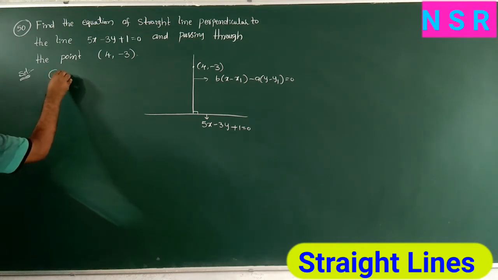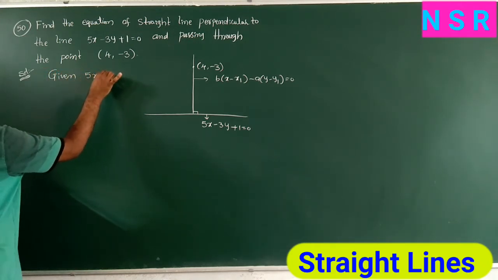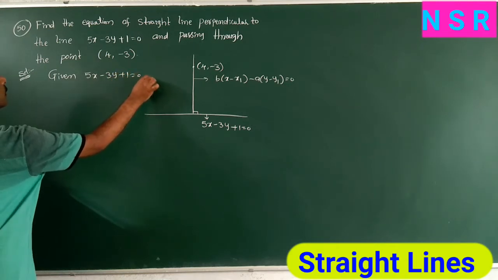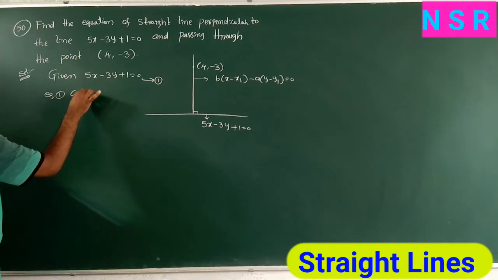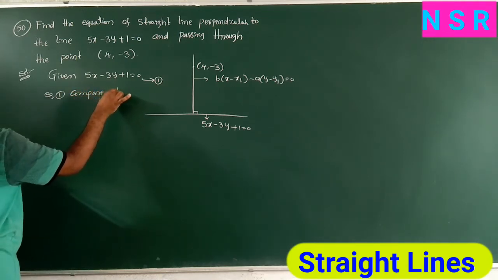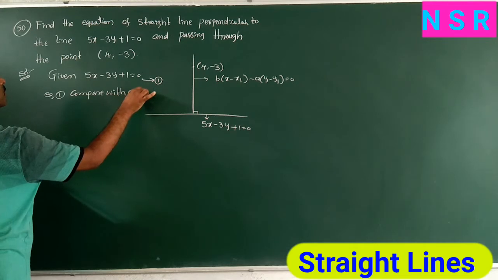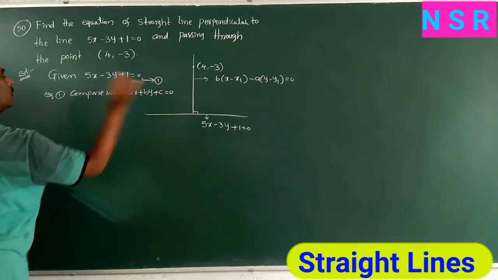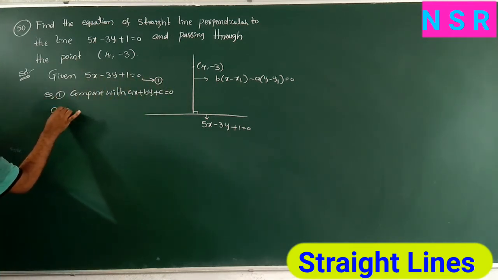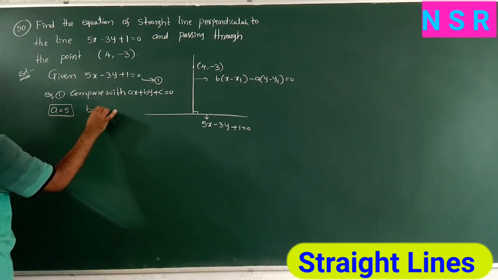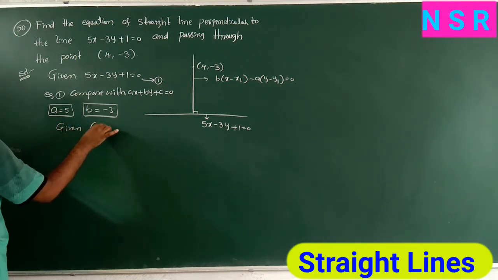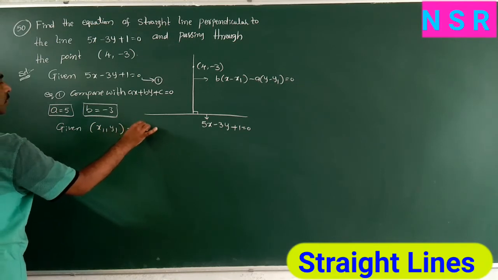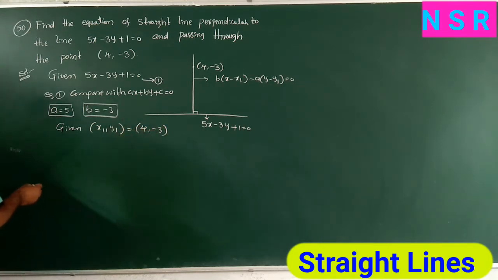So here the given line is 5x minus 3y plus 1 equal to 0. Take it as equation number 1. Equation 1 compare with ax plus by plus c equal to 0. So here a equal to 5, b equal to minus 3, and also the given point: x1 comma y1 equal to 4 comma minus 3.